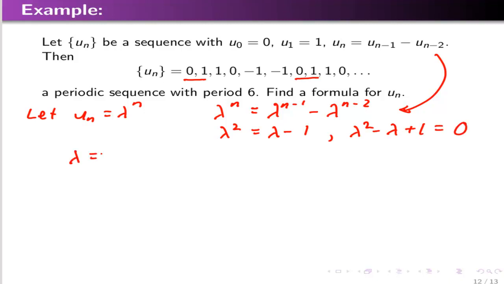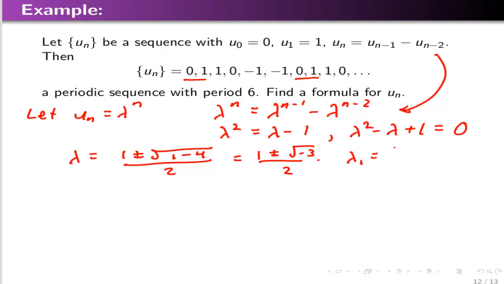So lambda is negative b plus or minus the square root of b squared minus 4ac all over 2a. So this time we're getting two roots, like this. And so let's let lambda 1 be 1 plus root 3i over 2, and lambda 2 be 1 minus root 3i over 2.